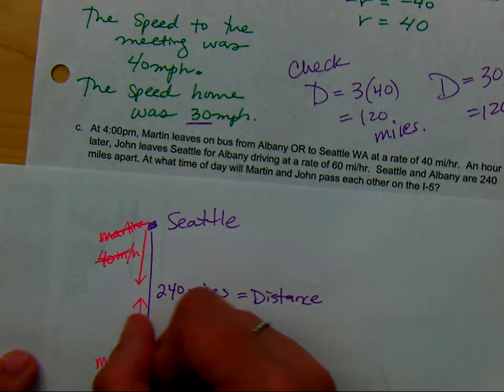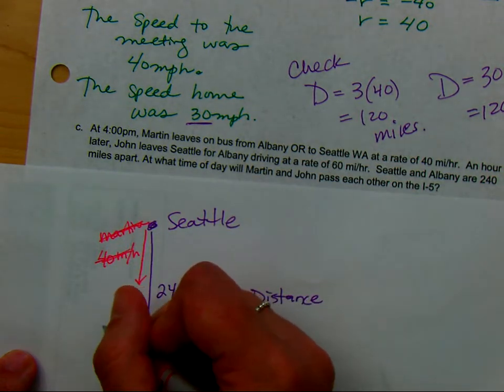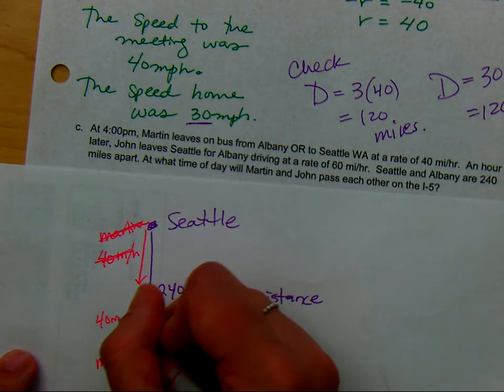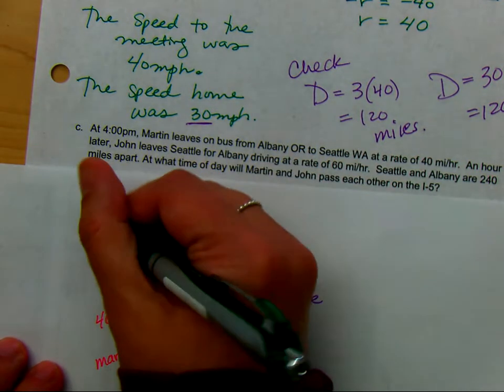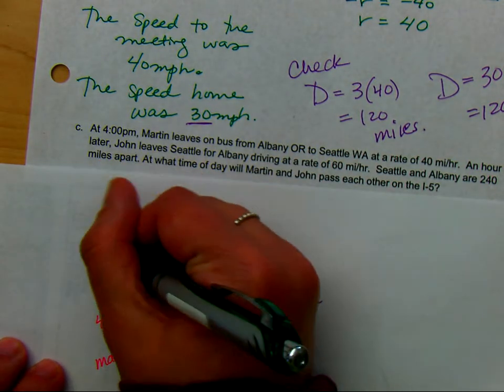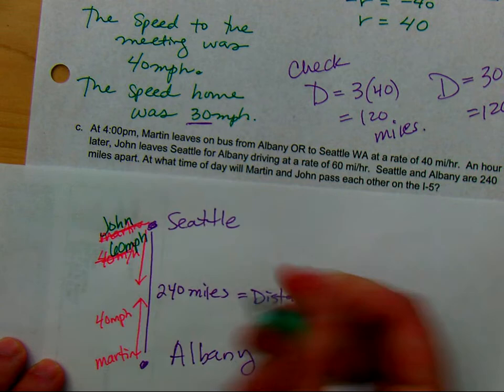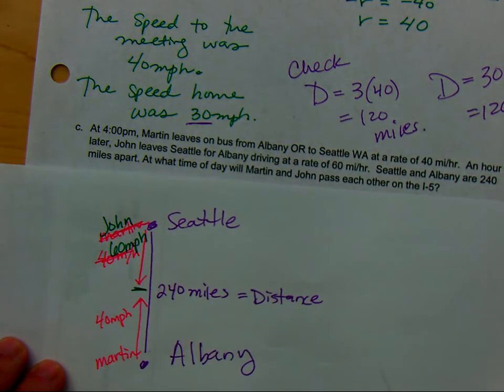So this is Martin, and he's going 40 miles per hour. And then John is leaving from Seattle and driving much faster at 60 miles per hour. John, 60 miles per hour. We want to know at what time are they going to meet, right?